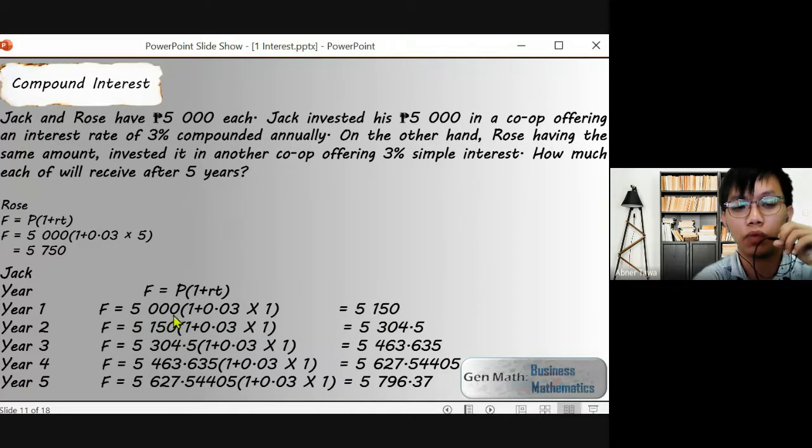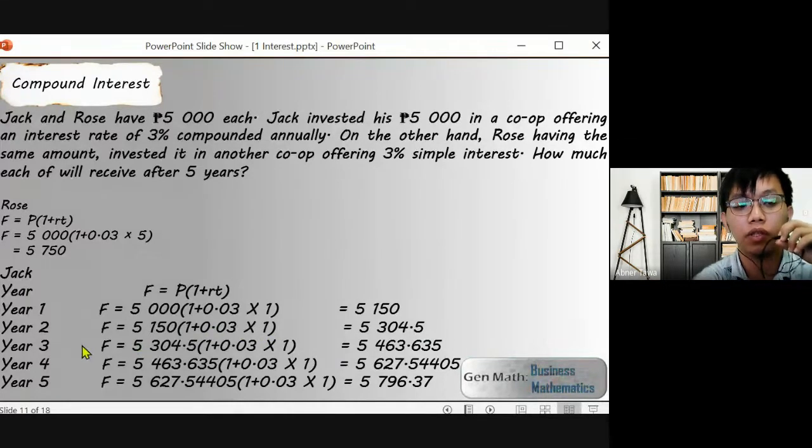Kaya if you're going to observe yung interest dito sa year 2, it will depend kung magkano yung interest or nilaki yung pera niya doon sa year 1. So that is interest gaining on another interest. And after year 2, ang maging pera niya is 5,304.5 pesos.